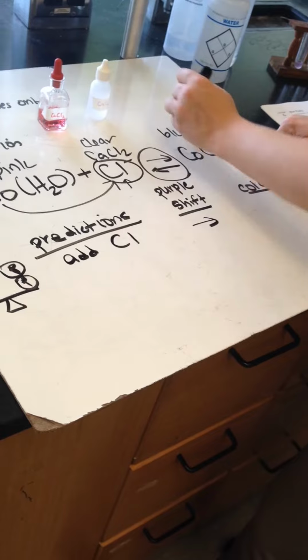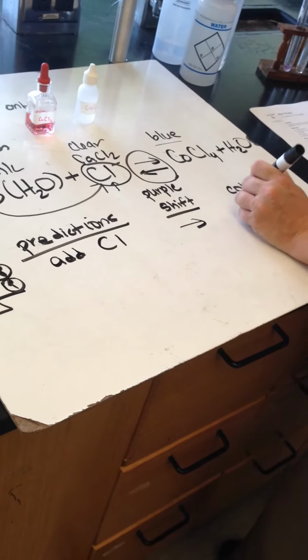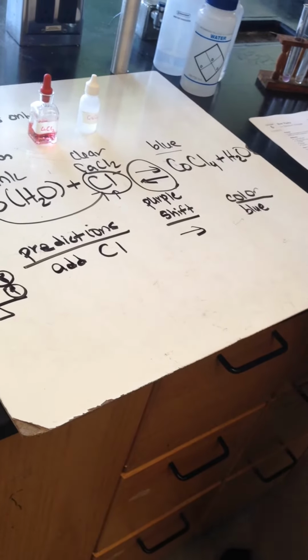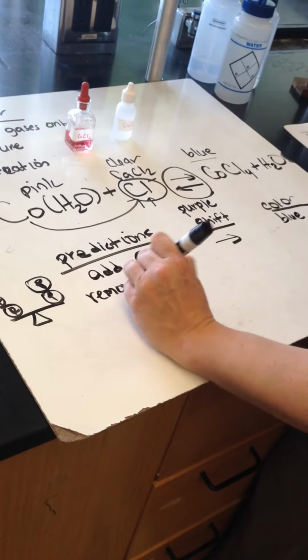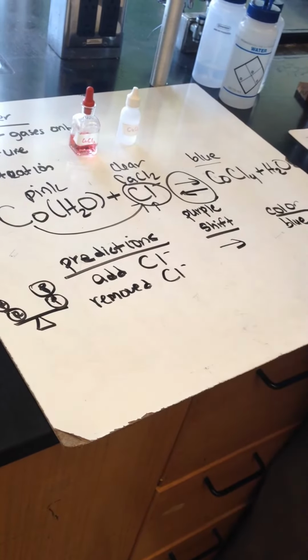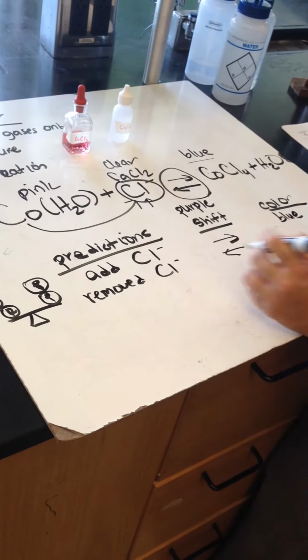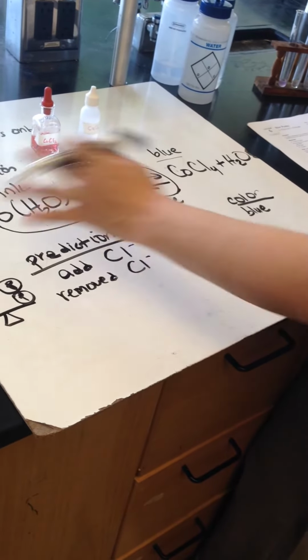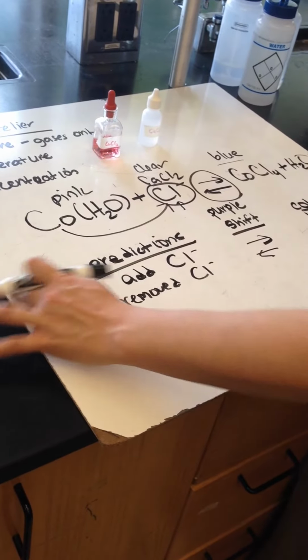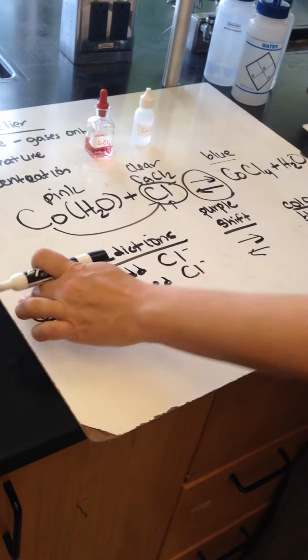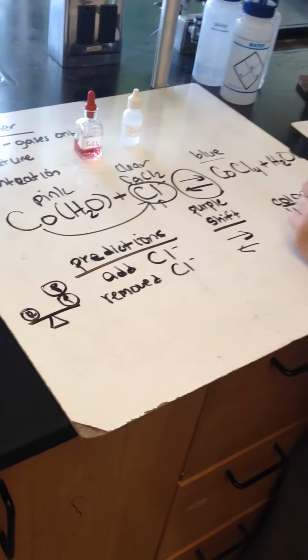If it shifts this way, we should see that blue color. Okay, what if we removed chlorine? We would see the opposite, right? So if we removed some, that's like removing a reactant, and it would try and make more. So we would see it shift back to pink.